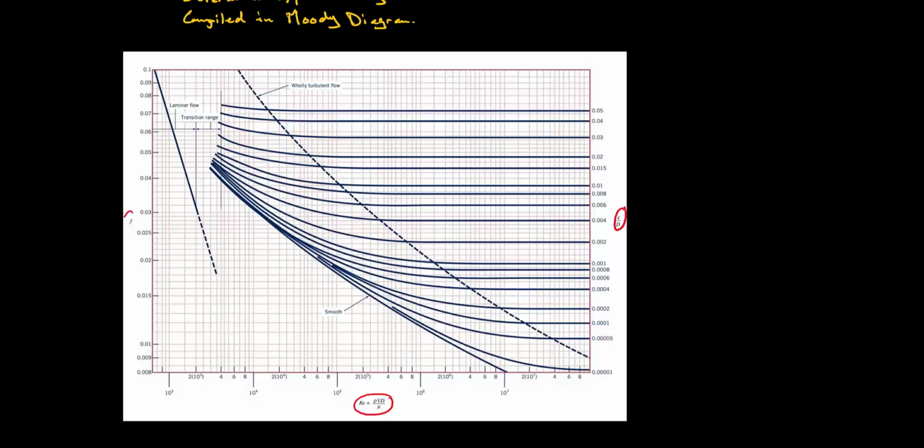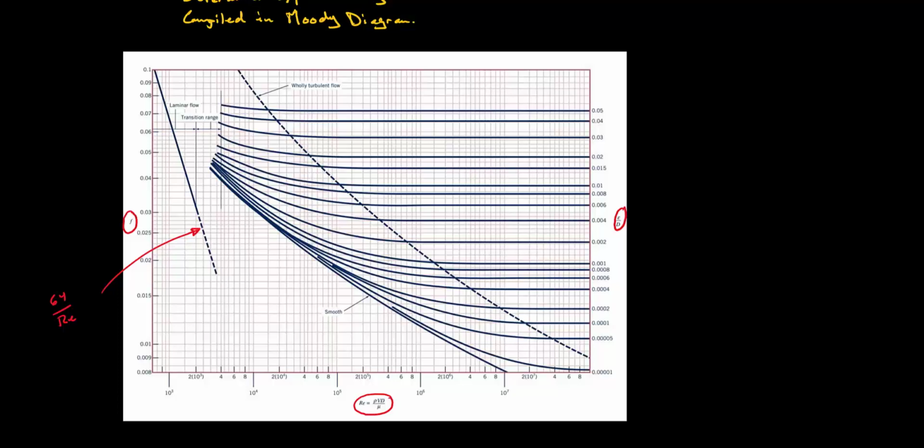On the principal y-axis, we have the friction factor, which is what we're looking for. So we see over here that for our laminar flow, it follows the 64 over Reynolds number relationship.